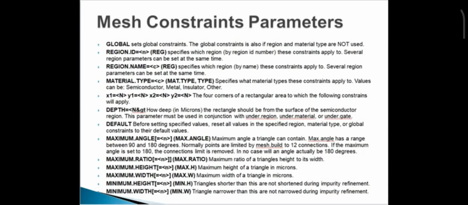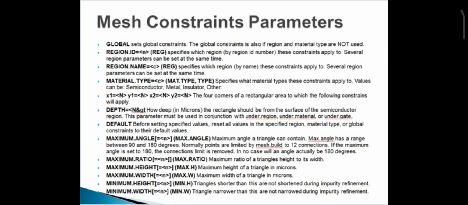Max.angle: maximum angle a triangle can contain. Maximum angle has a range between 19 and 180 degrees. Normally, points are limited by the mesh.build to 12 connections. If the maximum angle is set to 180, the connection limit is removed. In no case will an angle actually be 180 degrees.